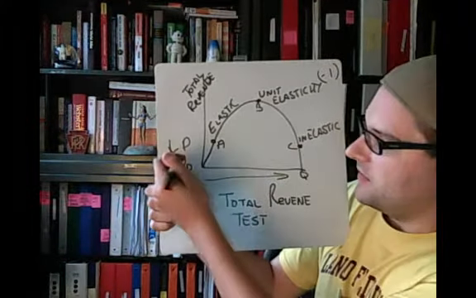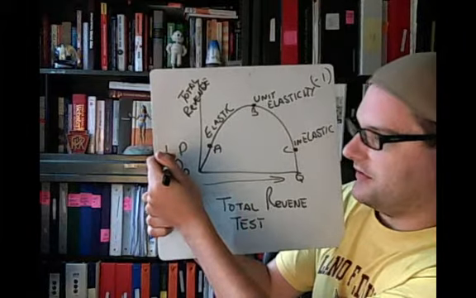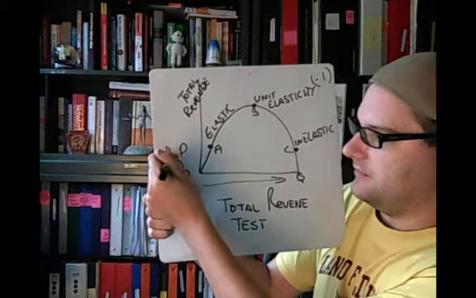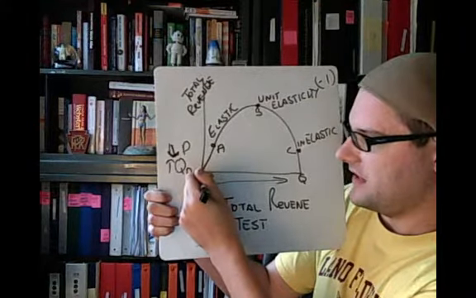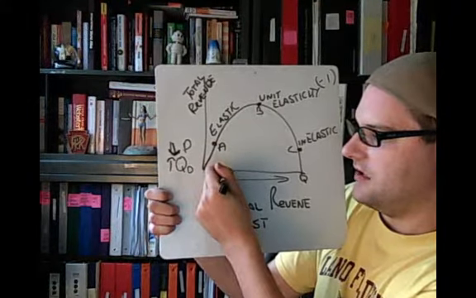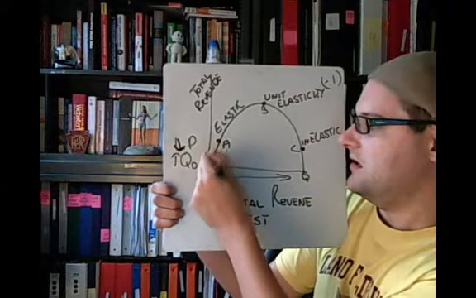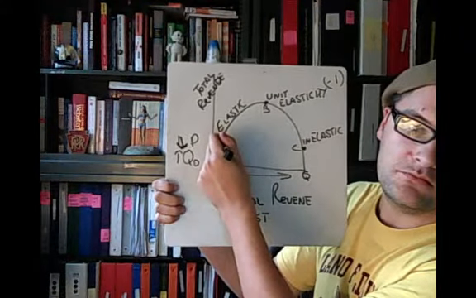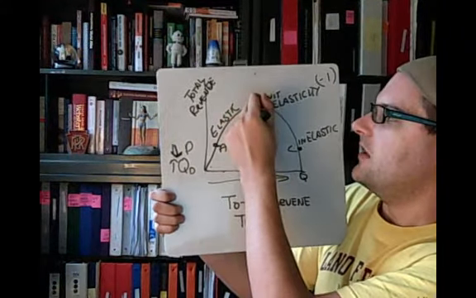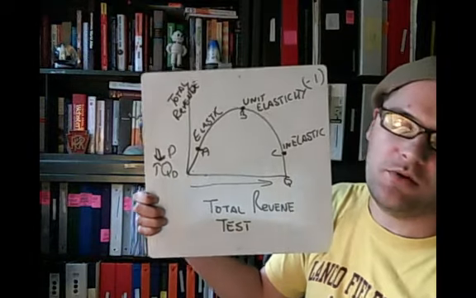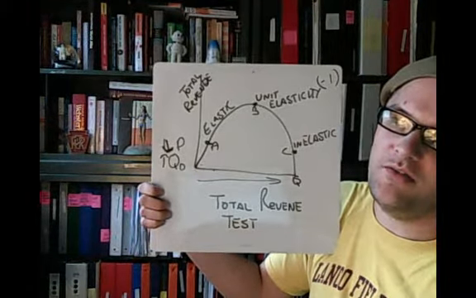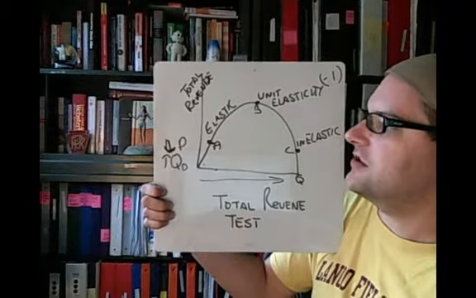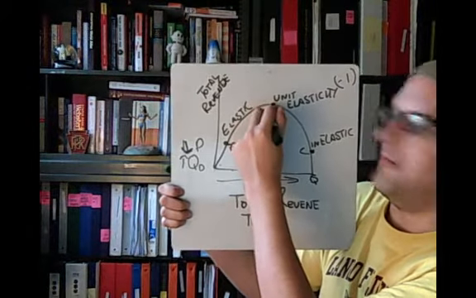Why? Because, decrease the price, sorry. If they were to decrease the price, that would have the effect of increasing the quantity demanded and increasing revenue. If you were at point B, you would probably neither recommend nor advise against changing the price because you're actually at the maximum revenue.